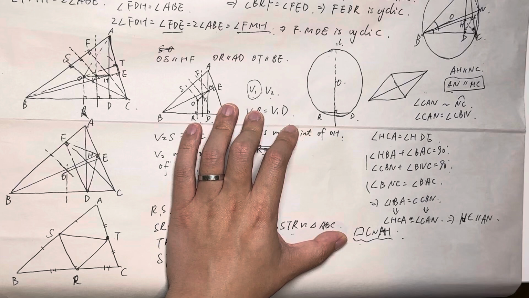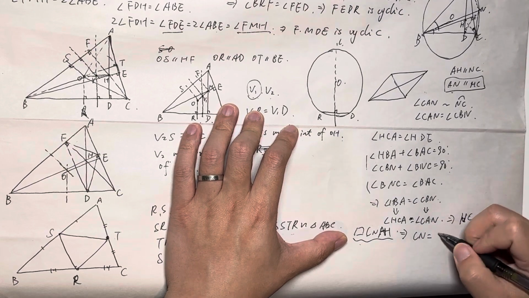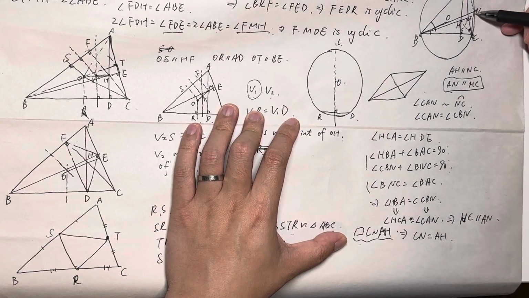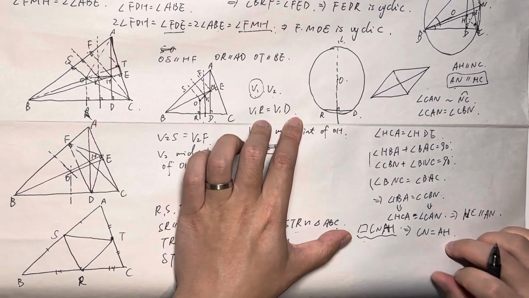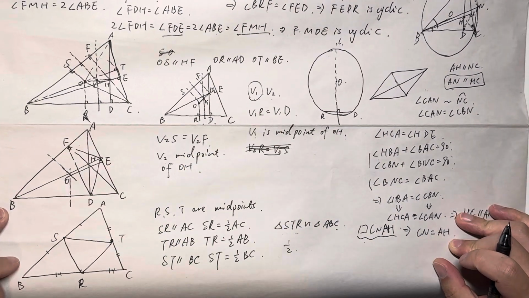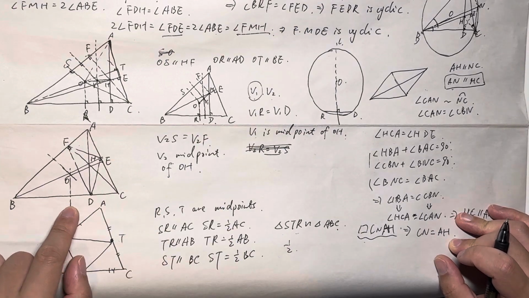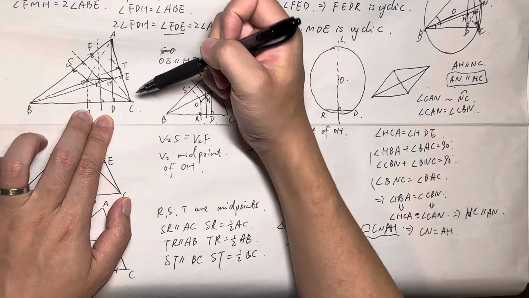So it's a parallelogram, and because it's a parallelogram, we know CN equals AH, right? So we just proved that CN equals AH, and we already know that from here. Let's look at here.